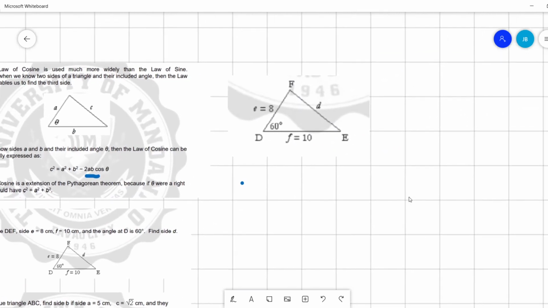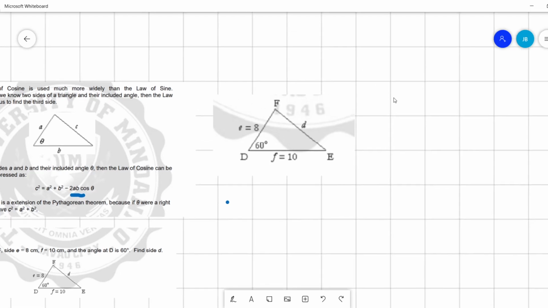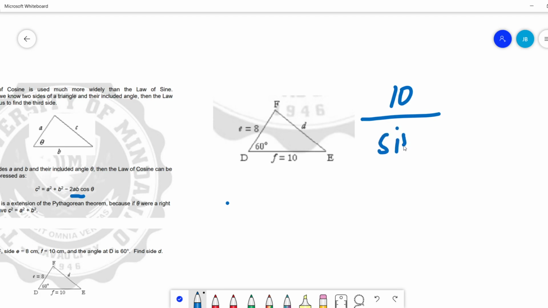Let's try solving this using the law of cosine, because obviously you cannot solve this one using the law of sine. You have two sides, so let's use the other side, 10 over sine of the angle for side f. There is none, right?